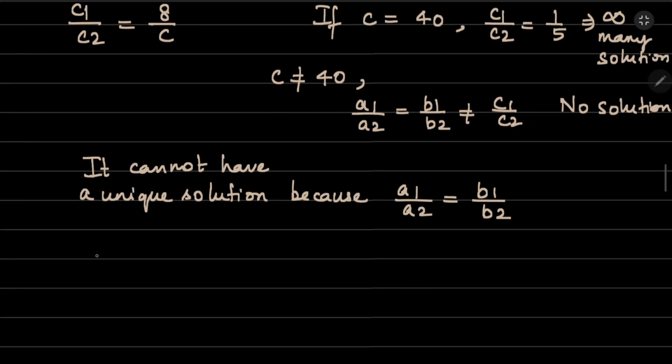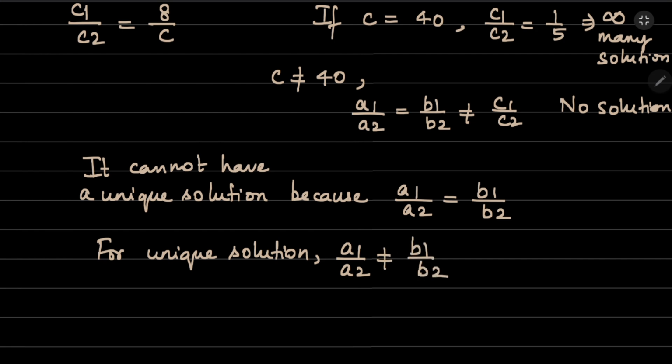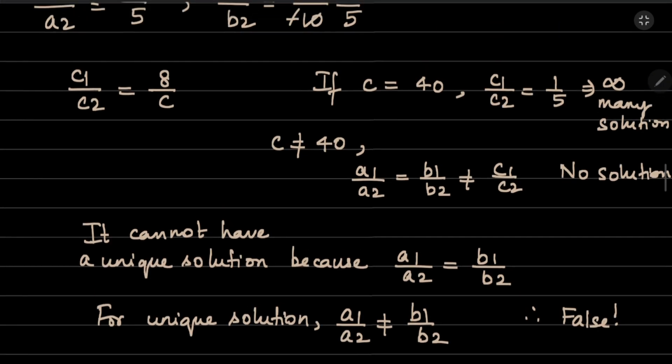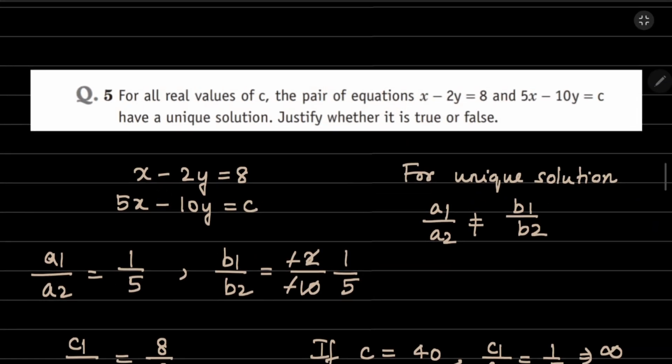For unique solution, a1 by a2 should not be equal to b1 by b2. Therefore, the given statement is false. So in such an elaborate way you have to write it. That's how you have to answer question number 5. I hope you understood.